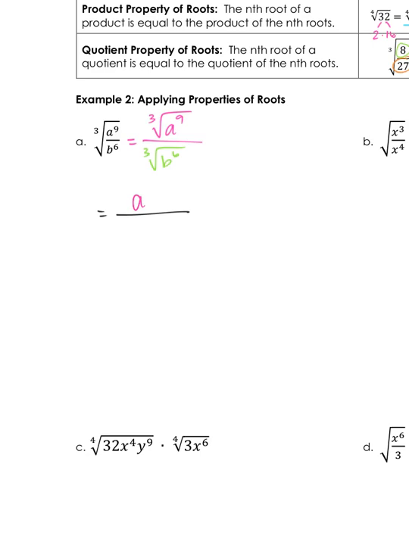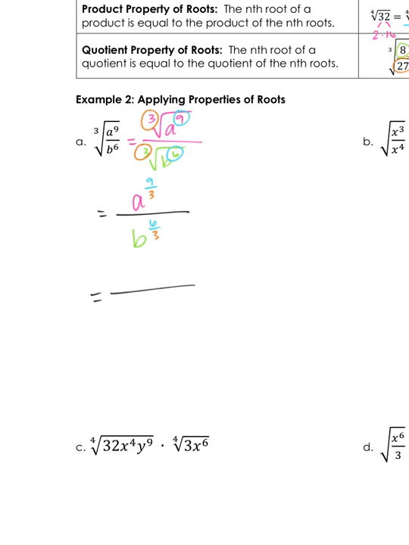I know that this is a to the exponent, which in this case is 9, divided by my index, which is 3, over b to the exponent, which is 6, divided by the index, which is 3.